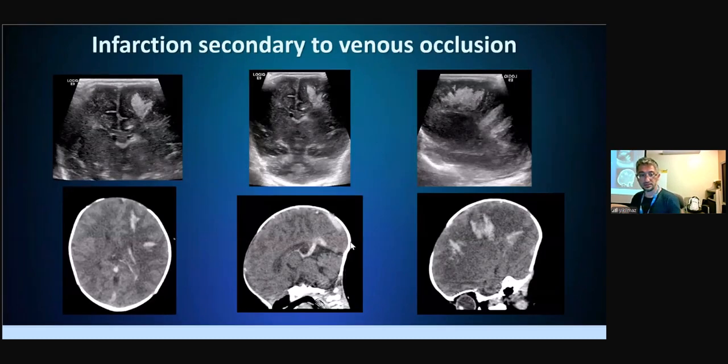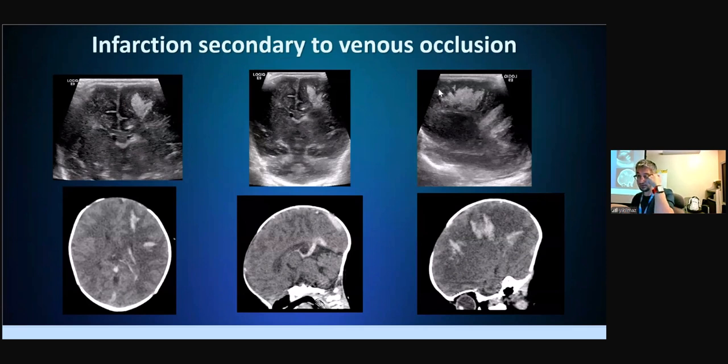And in this patient, this is a non-contrast CT study. You can see the clot within the superior sagittal sinus and internal cerebral veins, vein of Galen, and there is some hemorrhagic infarction in the left cerebral hemisphere. On the ultrasound, you can see the infarction.